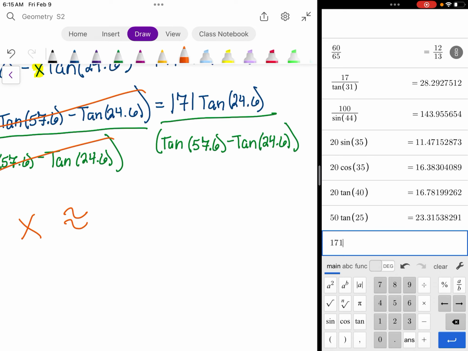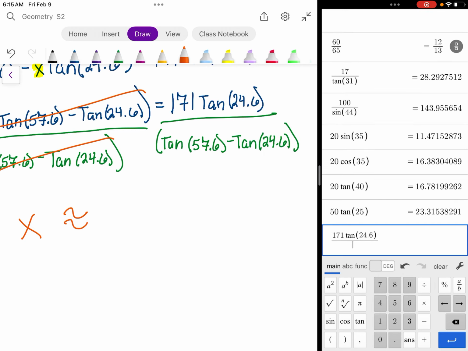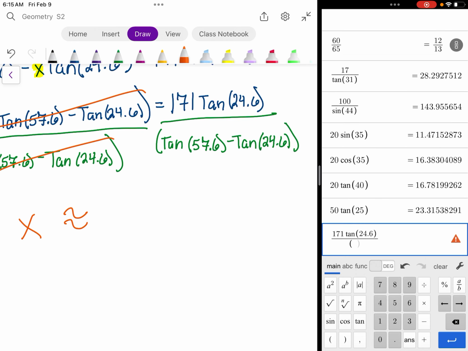So you're going to type in 171 tangent of 24.6 parenthesis. Then you are going to hit the division sign. After that, you need to make sure you put parentheses around the denominator. Otherwise, your calculator is not going to give you the right answer because it's only going to divide by one of those parts and not those parts subtracted from each other.